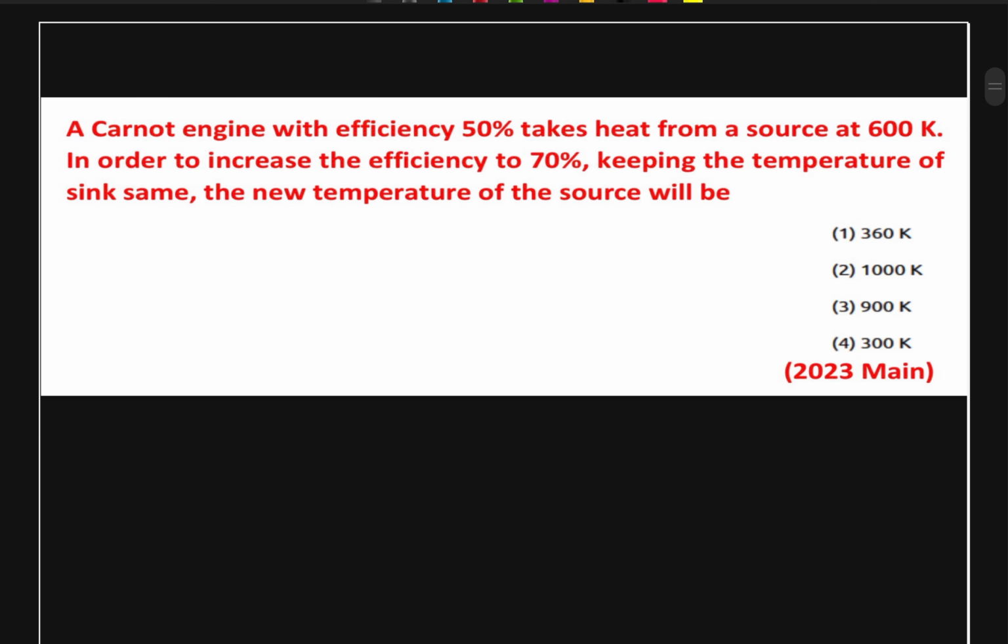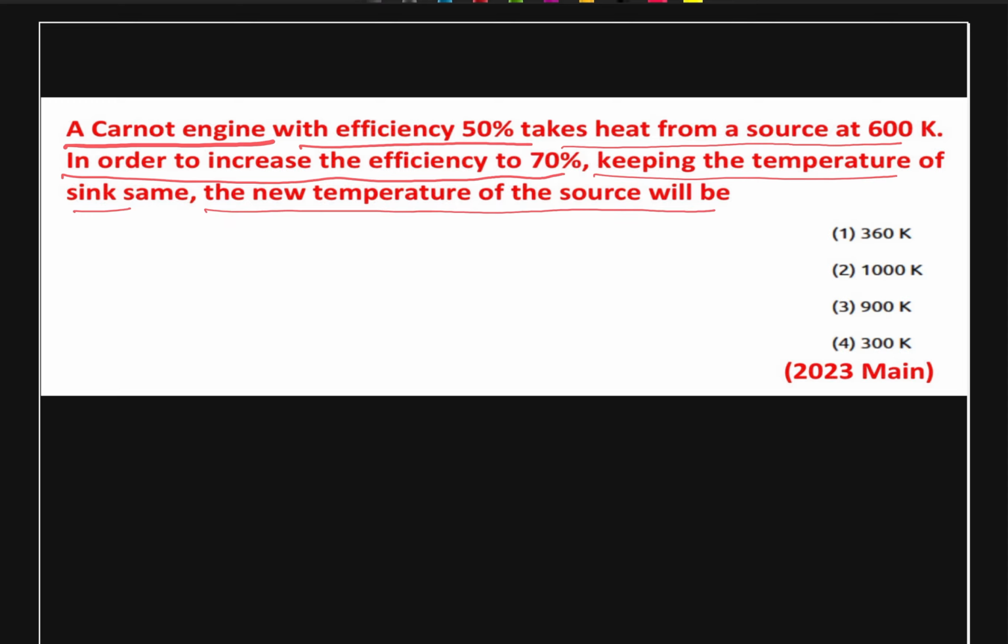It states that a Carnot engine with the efficiency 50% takes heat from the source at 600 Kelvin. In order to increase the efficiency to 70%, keeping the temperature of the sink same, the new temperature of the source will be?